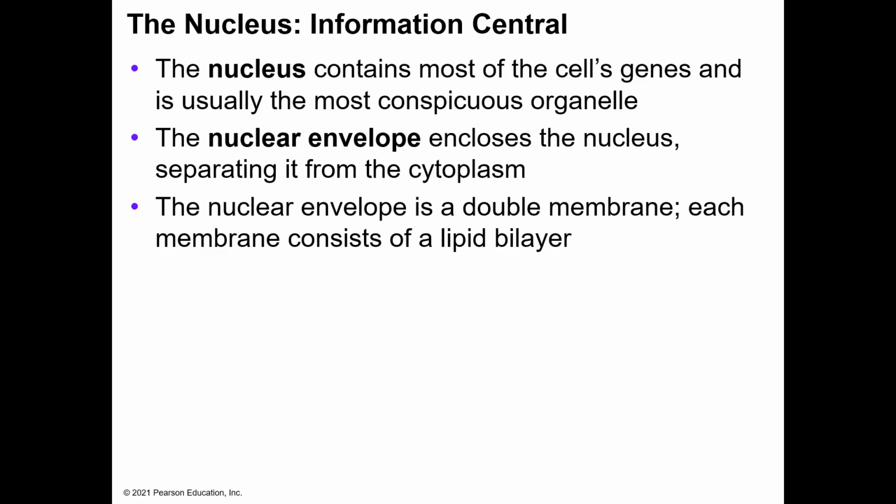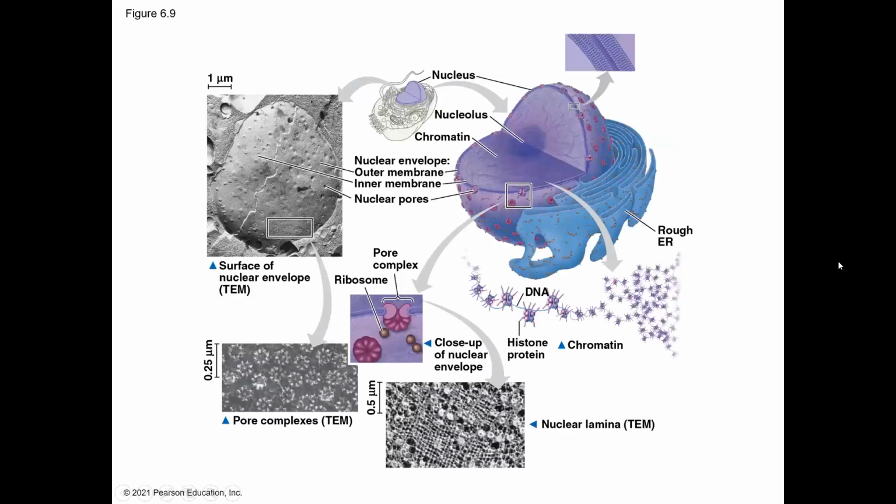It surrounds and protects the DNA, and it separates the DNA of the cell from the outside components of the cell and from everything that's in the cytoplasm. The nuclear envelope is a double membrane, just like the plasma membrane. Each membrane consists of a lipid bilayer.